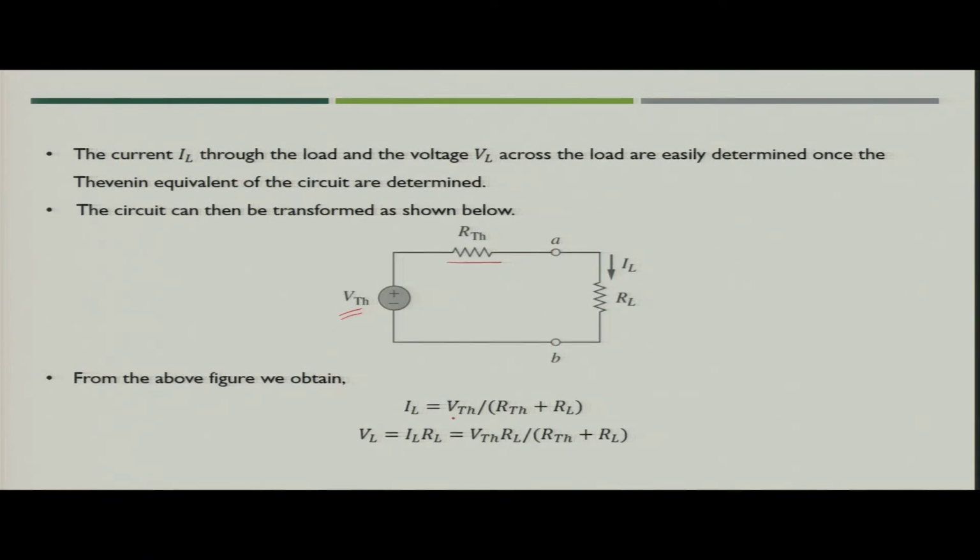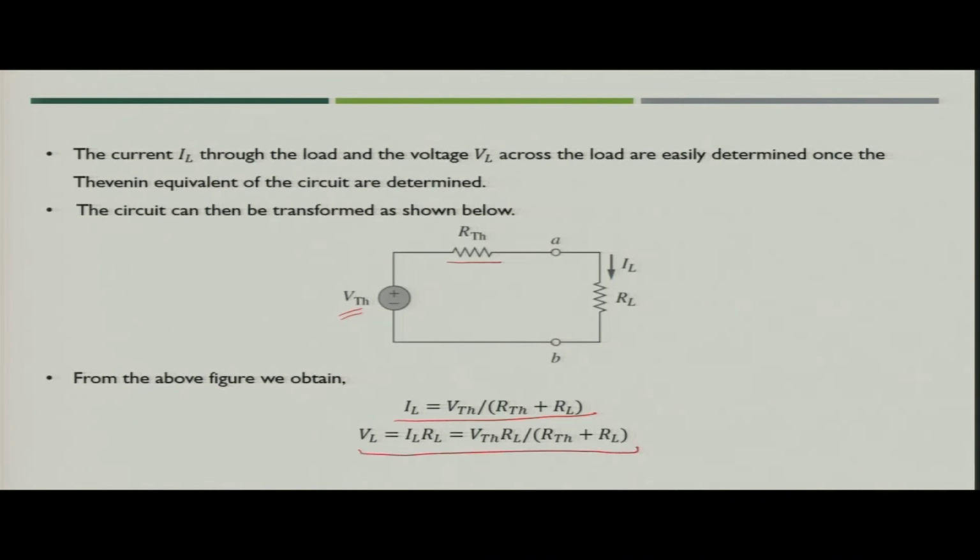Now, how will we calculate the value of current IL? Simply, the value of current IL would be the voltage VTH divided by RTH plus RL. That is simply Kirchhoff's voltage law, which you can apply to get the value of current IL.